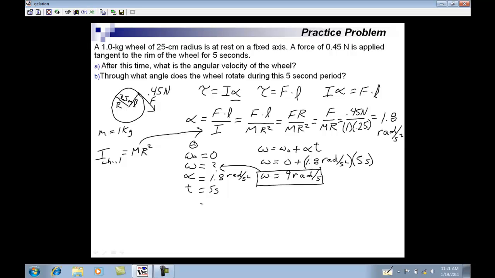Theta, right? I'm solving for theta. So theta is equal to theta initial plus omega initial t, plus 1/2 alpha t squared.